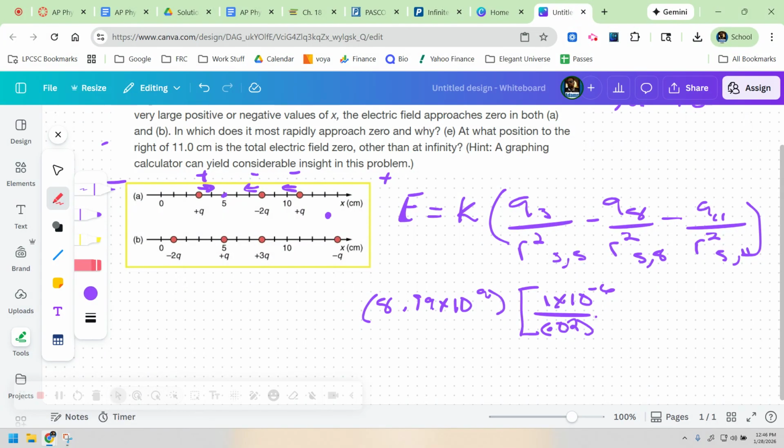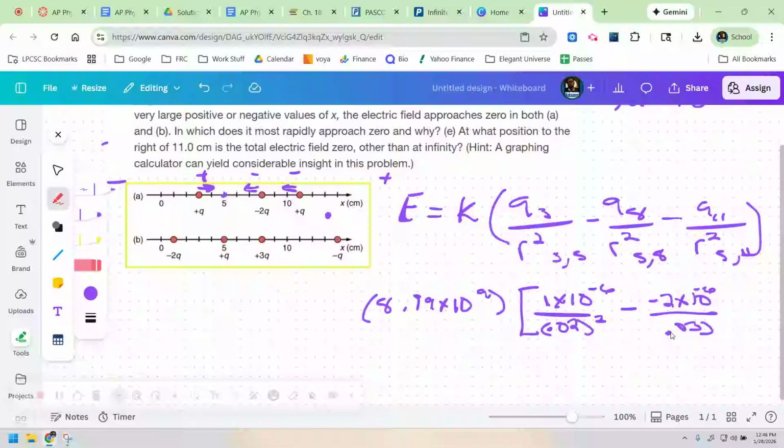And we'll square that. Minus, over here I have 2 times this stuff, so it'd be negative 2 times 10 to the negative 6, all over the distance from 5 to 8, which is just 3 centimeters, or 0.03 meters squared.